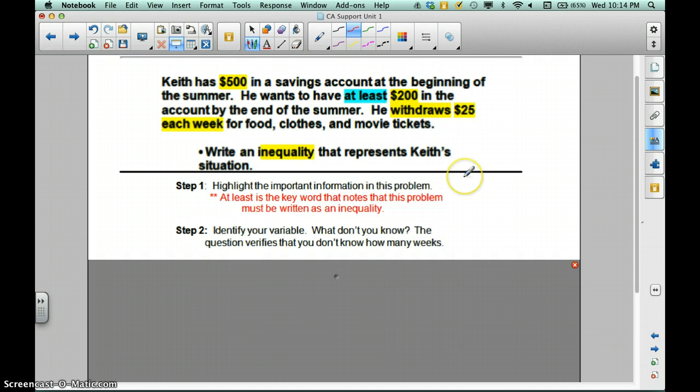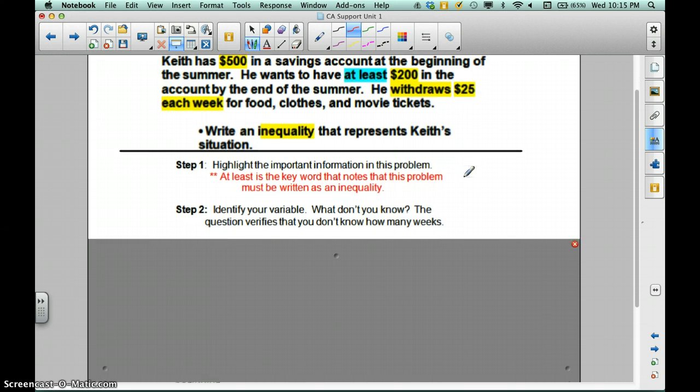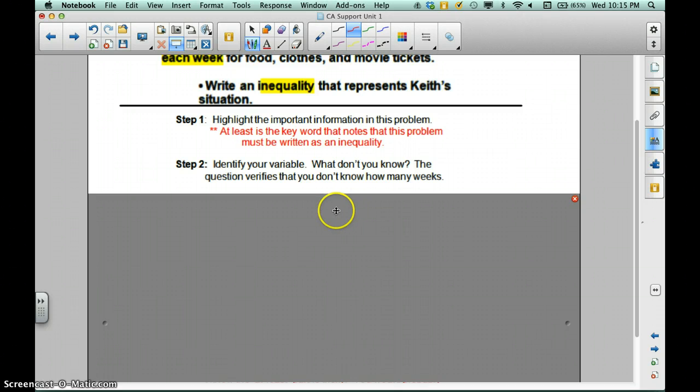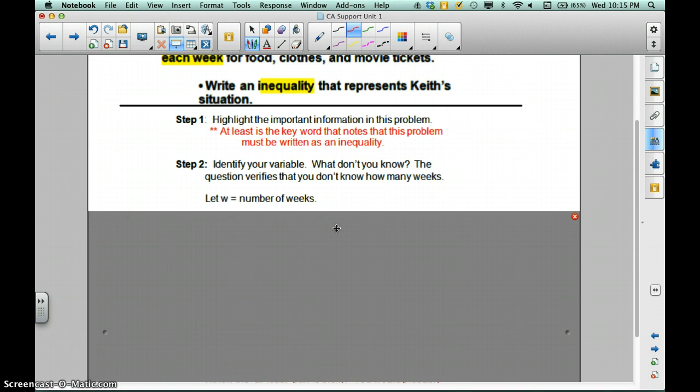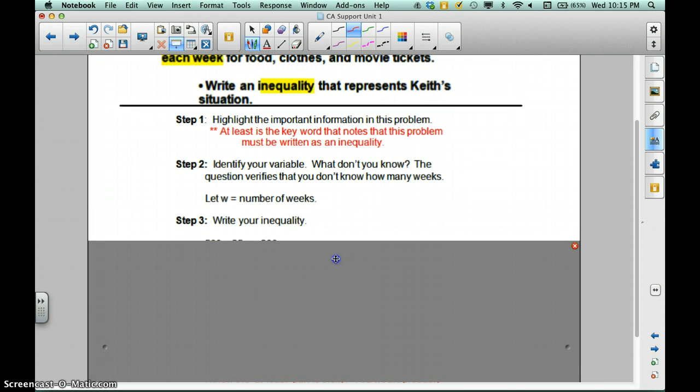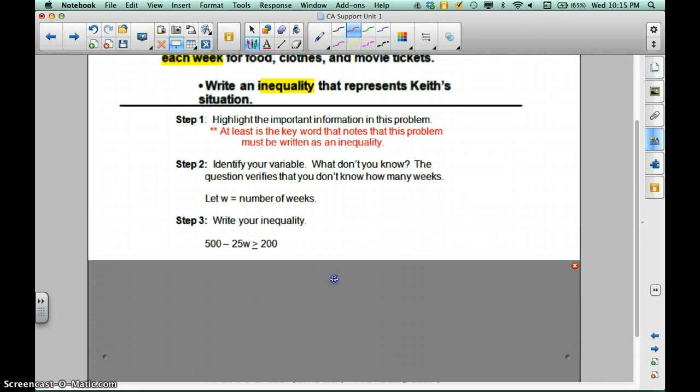We don't know how many weeks he withdraws money, so that is the variable. So W is going to be the number of weeks, and you should always tell what your variable, whatever letter you pick, represents. Write your inequality. Okay, so 500 minus 25W is greater than or equal to 200.